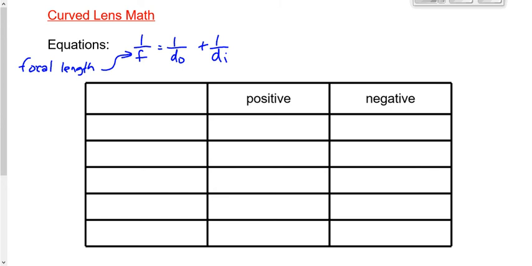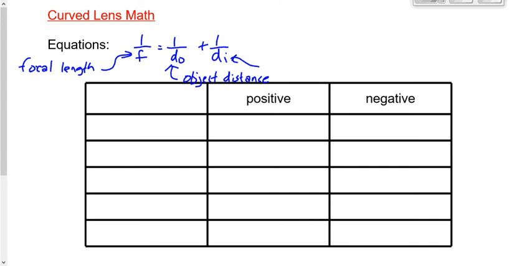The focal length is the distance from the lens to the focal point. Do would stand for, yeah, it's called the object distance, and the object distance is the distance from the object, whatever it is that we're trying to see through the lens. This is from the object to the lens itself. And di would stand for, you probably can figure this one out now.